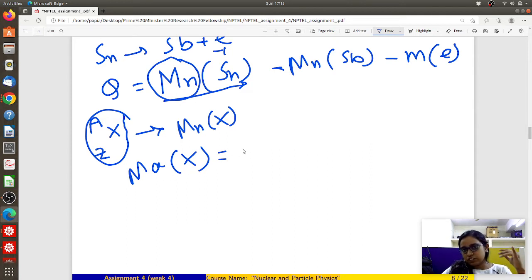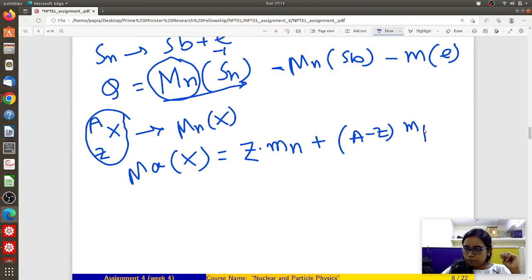The Max expression will be Z into Mp, sorry, it should be Mp, just a minute, it's a typo. So Z into Mp plus A minus Z into Mn plus Z into Me.